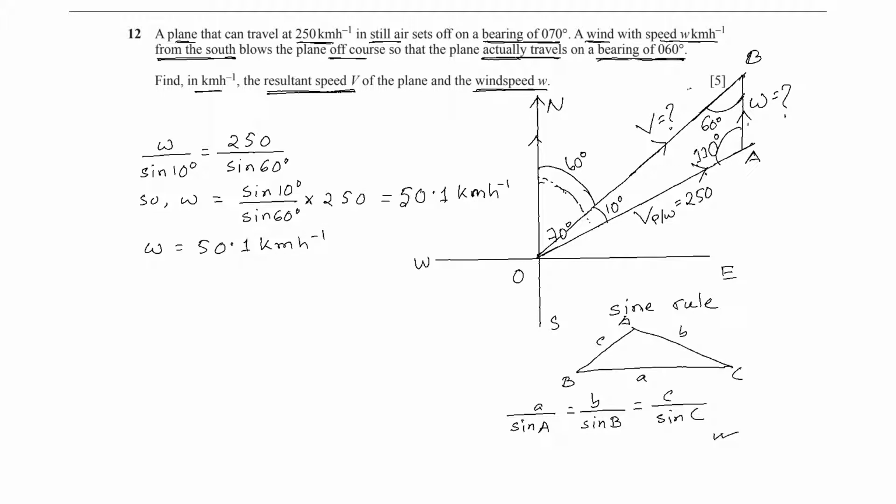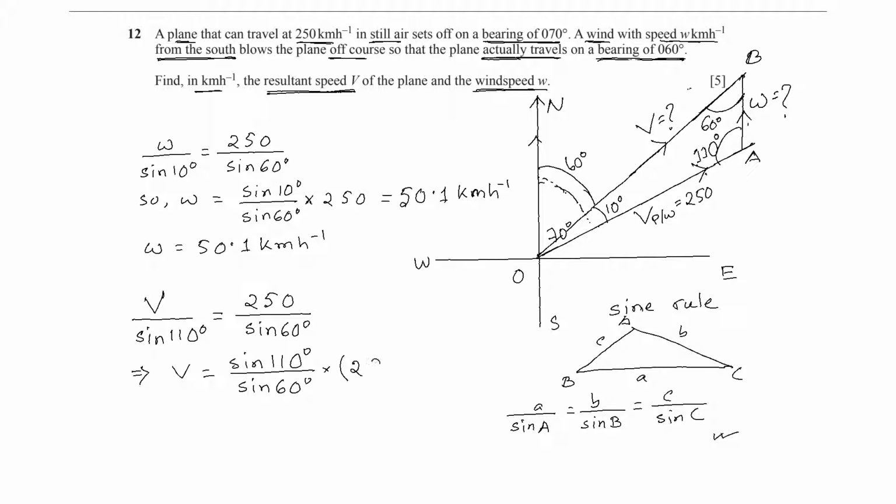Now using the sine rule again, let's try to find the speed of the resultant velocity. So we can write V over sine 110 degrees is equal to 250 kilometer per hour divided by sine 60 degrees, which can be written as V is equal to sine 110 divided by sine 60 times 250.